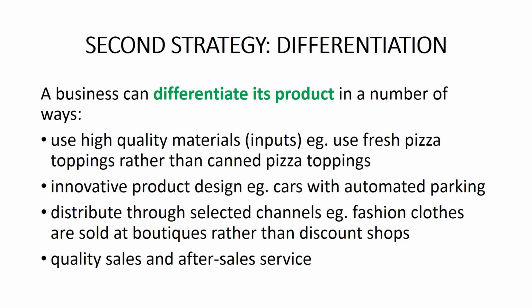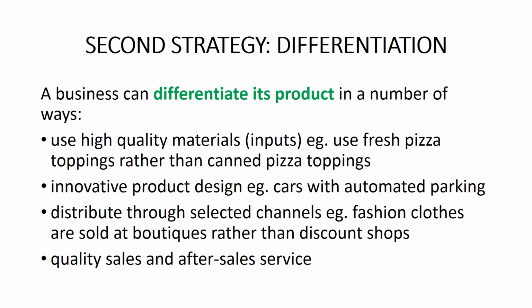And a final way in which a business can differentiate its product from its competitors' products is through providing quality services. That could be quality sales services, so that when you go into a shop to buy your product, there are attentive sales staff who look after you, or it could be through quality after-sales services.